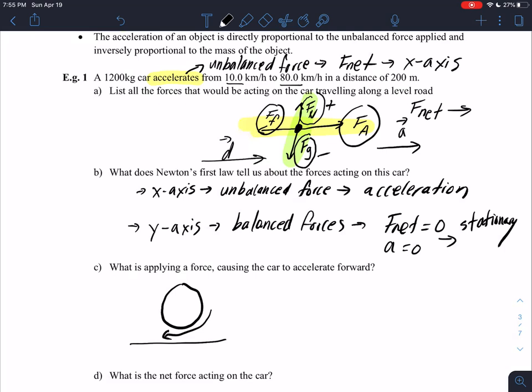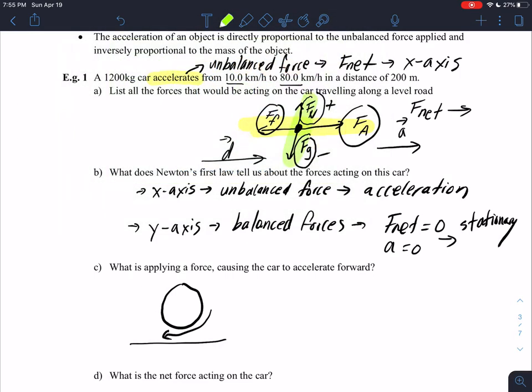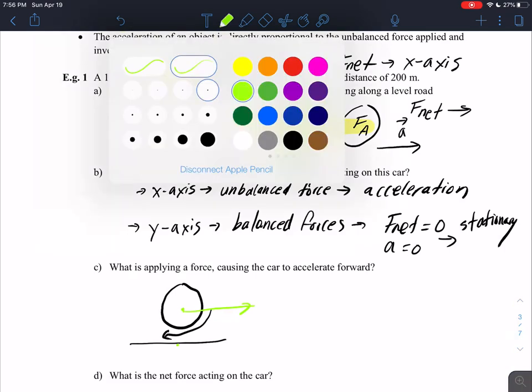The wheels are pushing backwards against the ground, and because of Newton's third law, it's actually the ground that's propelling or pushing the wheels, or the car, forwards. So we have the wheels applying a force on the ground, and then the ground applying an equal and opposite force against the car, causing it to propel forward.